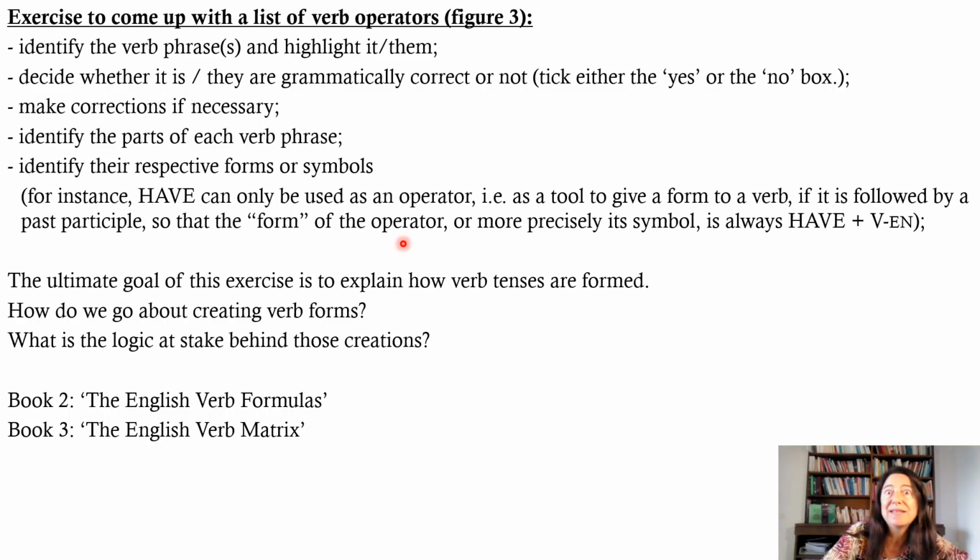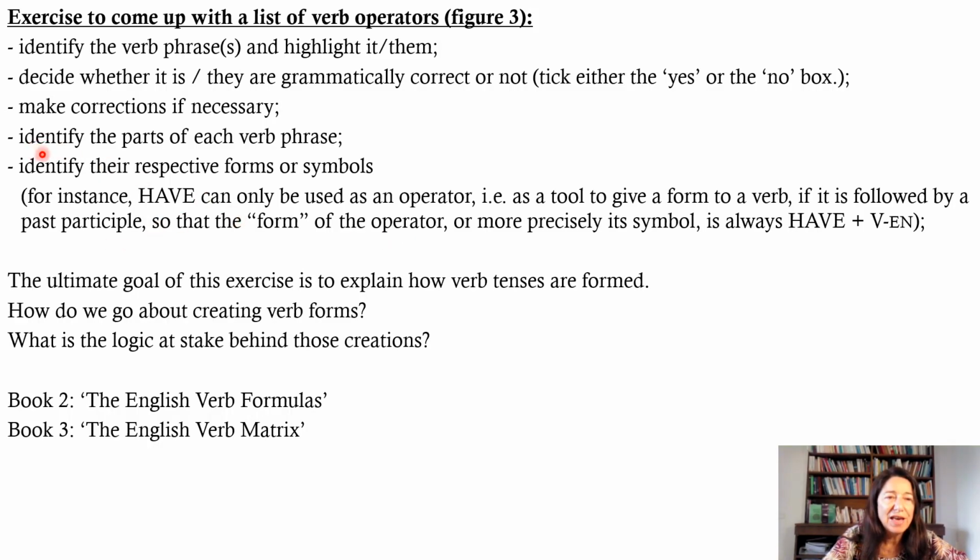So the question is, anytime I use have plus VEN, the past participle, so I conjugate have and I add the past participle, what verb form do I create? Okay, you can see the answer.